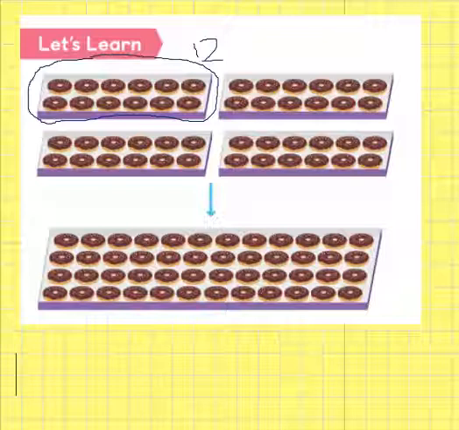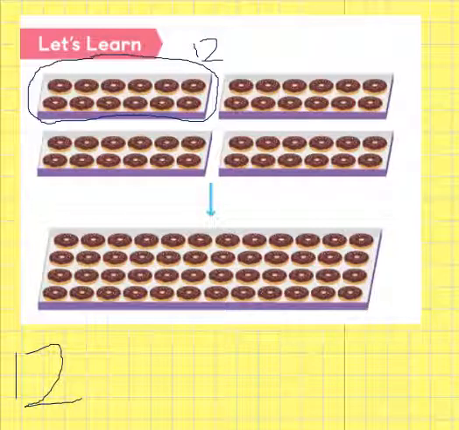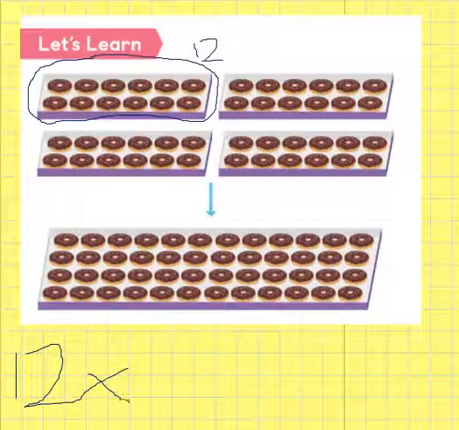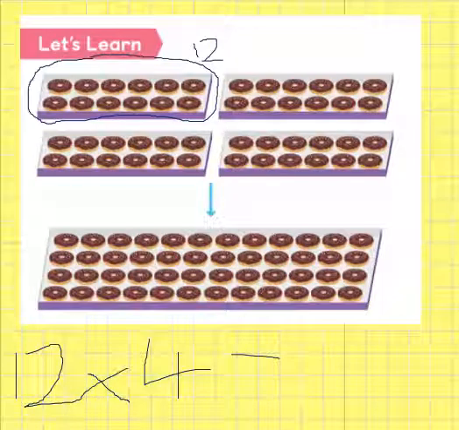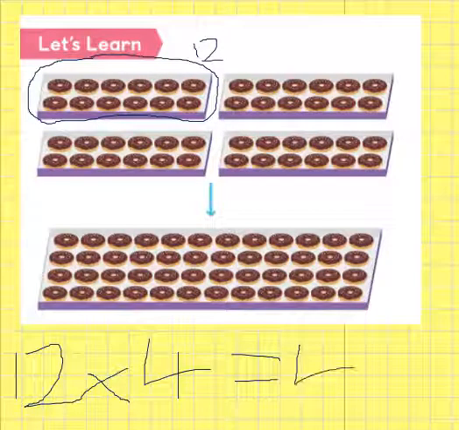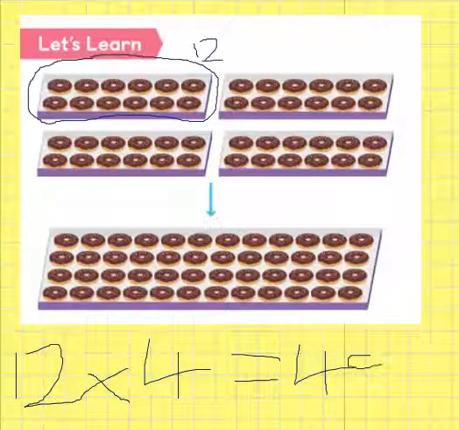So here I've got a calculation of 12 multiplied by 4, and that gives me a total of 48. I know that because I'm happy with my 12 times tables: 12, 24, 36, 48.